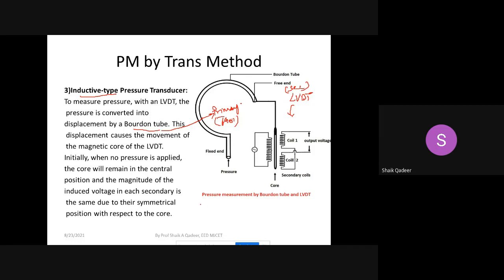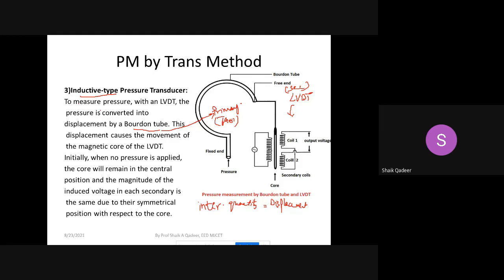So what is the intermediate quantity over here? Displacement only. So pressure is converted into displacement. This displacement is getting converted into electrical signal. I'm just reading the text.